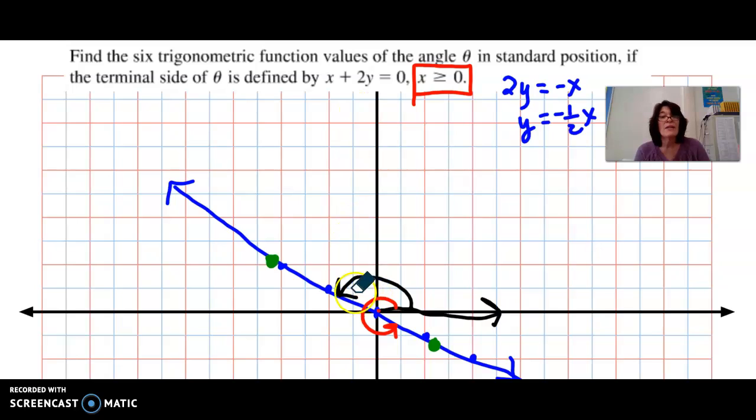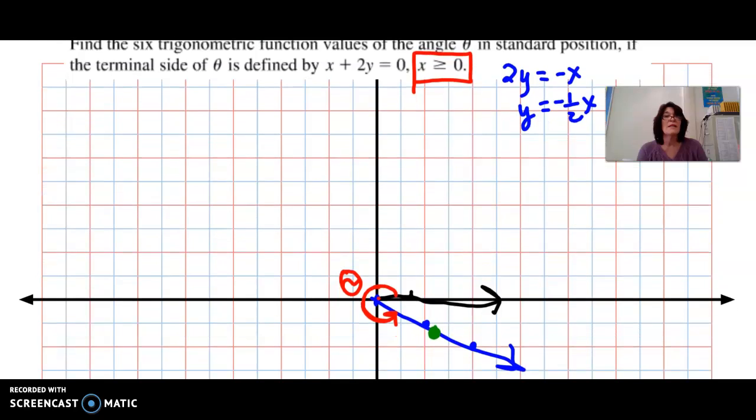So that's how I know which part of the line they're talking about. So I'm going to erase this so it doesn't confuse me. Here we go. This is the angle theta, whose terminal side ends up being down here in the 4th quadrant. Okay, is that all right?